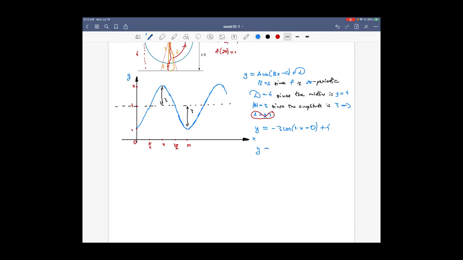So in other words, this is A, this is B, this is C, this is D. So y equals negative 3 cosine x plus 4.